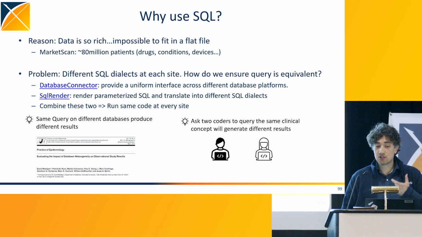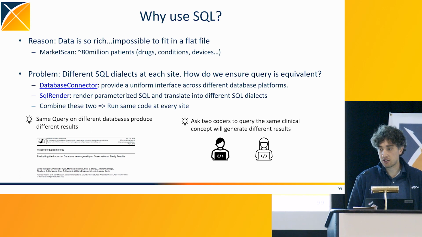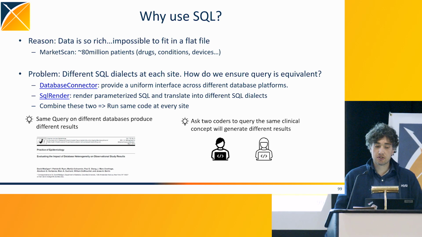So the data is so rich that we have to represent this in an informatic model like the OMOP CDM, which is a simple relational database, something that's been around for a very long time and structurally sound. So we need to use SQL and extract all this information, but like I said, we have all these different dialects.